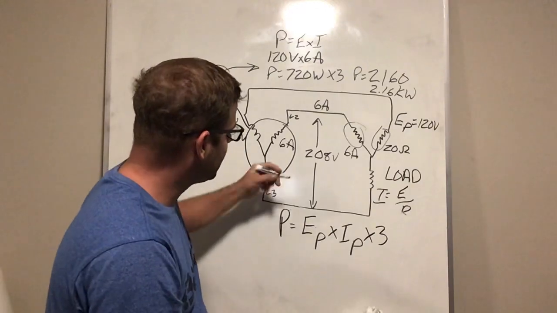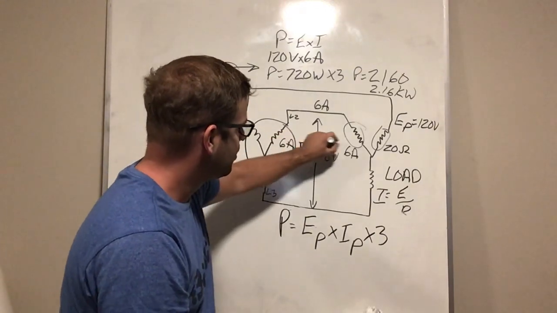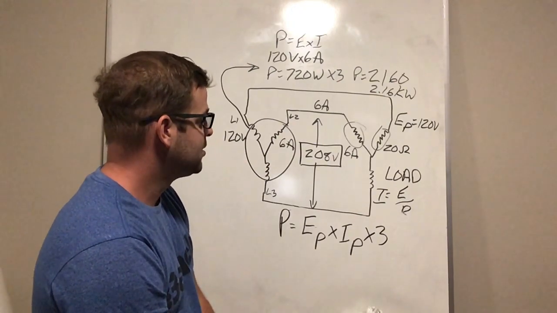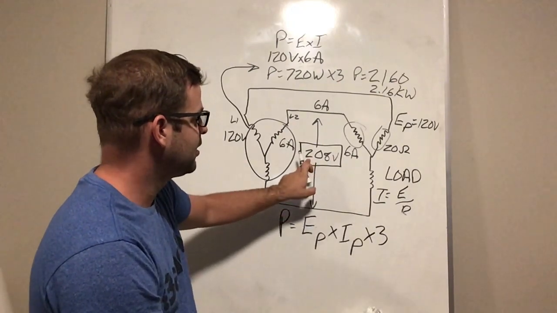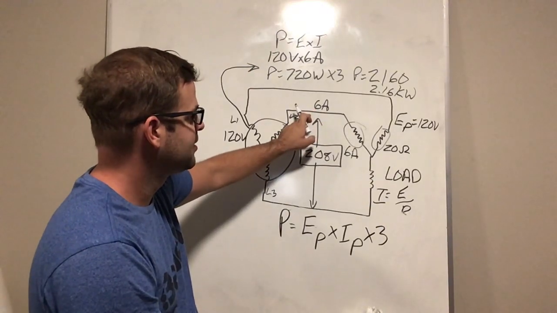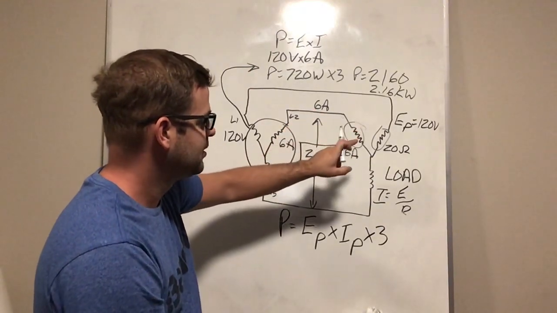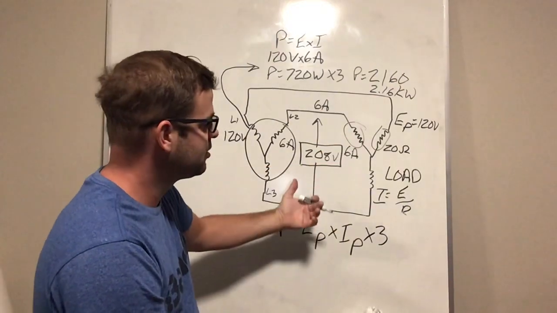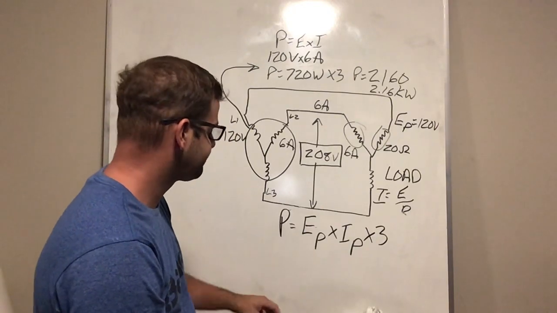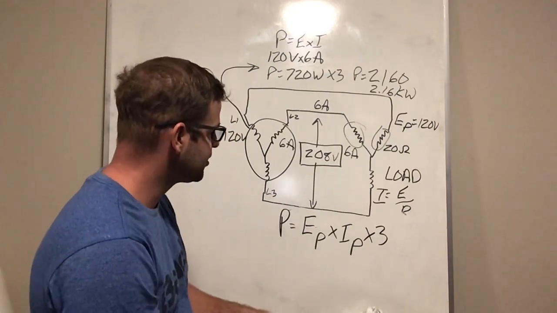However, we notice that we have a value of 208 volts. If I wanted to do 208 volts times 6 times 3, that would give me a larger number than I would get if I was just using my phase voltage.